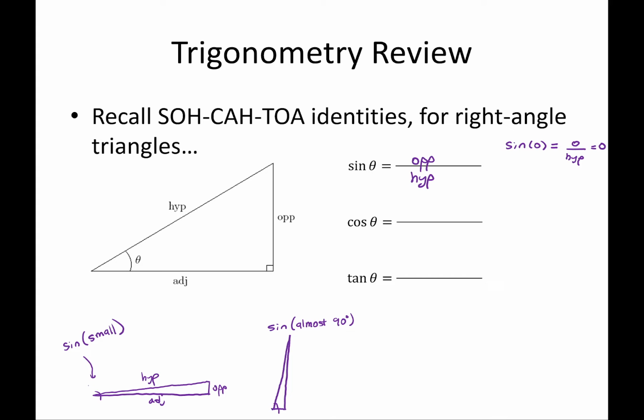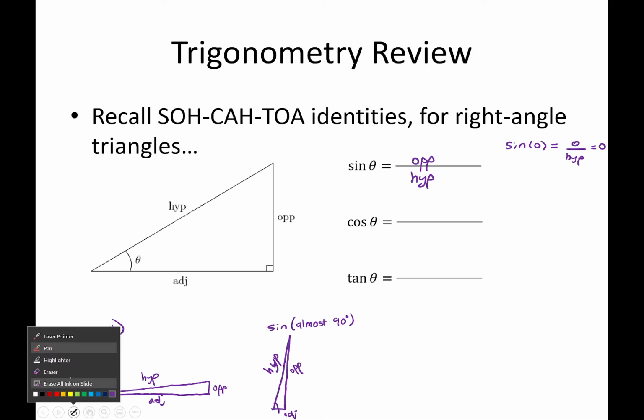So what happens here is that the hypotenuse and the opposite, if you were to continue bringing that angle closer and closer to 90 degrees, closer and closer to pointing straight up, what's going to happen is that the adjacent is going to shrink down to 0, and the opposite and the hypotenuse are going to scrunch right on top of each other.